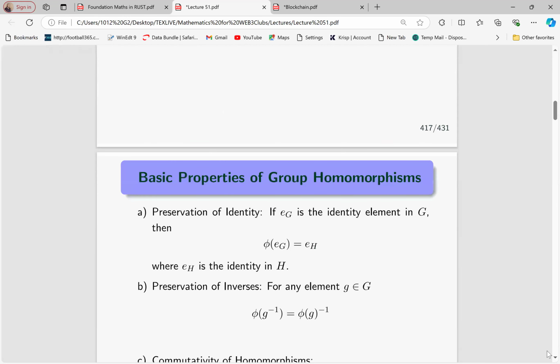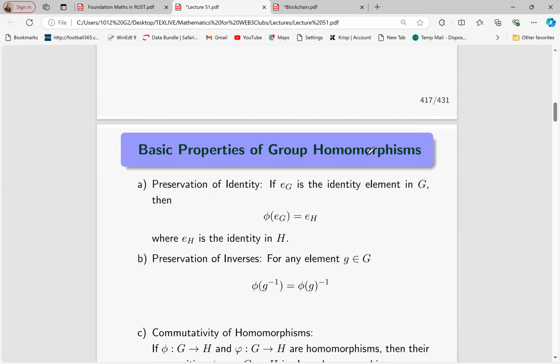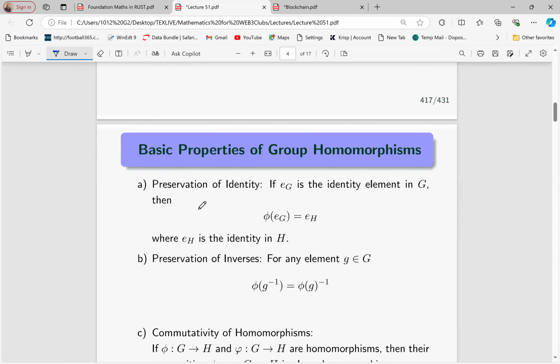Let's look at the basic properties of group homomorphism before we look at examples. The first property is preservation of the identity element.